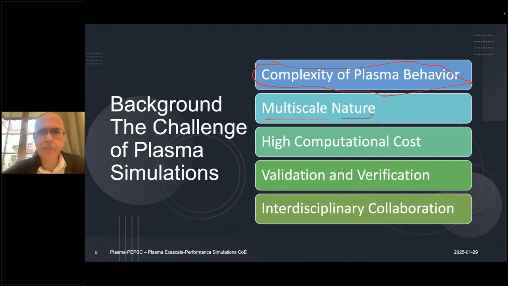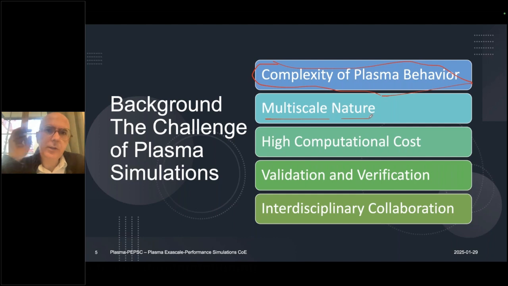So the disparity of the electron and proton mass gives this multi-scale nature. The other major issue is that there are some phenomena that are very localized in space. There's a phenomenon, for instance, called magnetic reconnection that occurs in a very, very small part of the system. It might be a fusion system, it might be a space system, it might be an astrophysical system. But these phenomena originate on a very small scale, then propagate and affect the whole system, typically hindering, for instance, the confinement in fusion, or determining a solar storm.